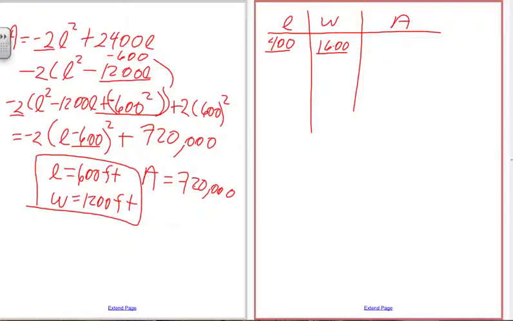That's my perimeter. When I multiply them together, I end up with 640,000. So then I bumped it up to 500, and this went to 1,400. And when I calculated that out, I got 700,000.